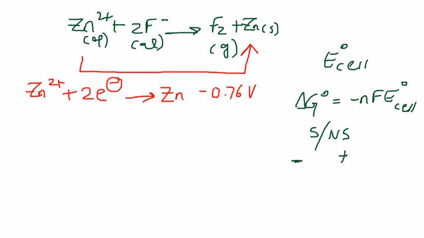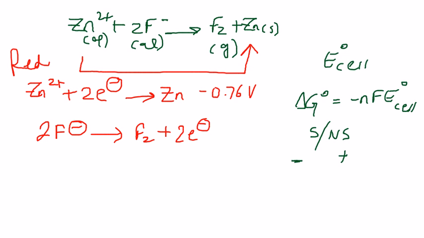The other equation given is that you have fluoride becoming F2. That means you would have lost those 2 electrons. So hopefully you can envision here that zinc is being reduced, and F minus is being oxidized.